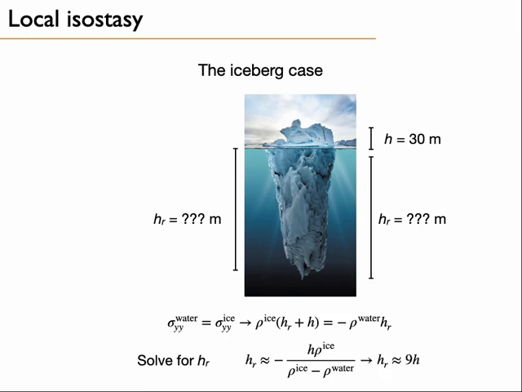In this example, you will obtain a relationship that HR is about 9 times H. So this would be 9 times thicker than the part that sticks out.